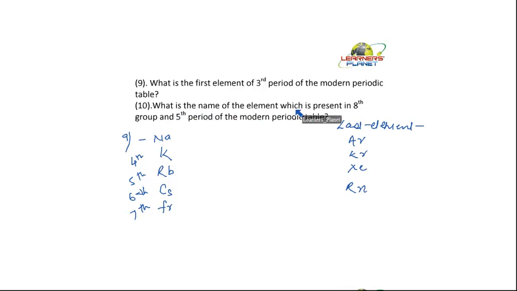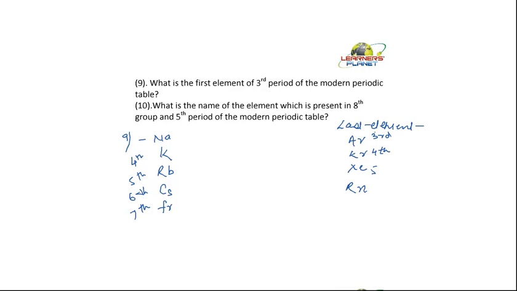Now our 10th question is, what is the name of the element which is present in the 8th group and 5th period of the modern periodic table? So here I have written the elements.